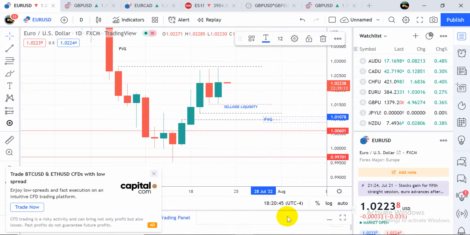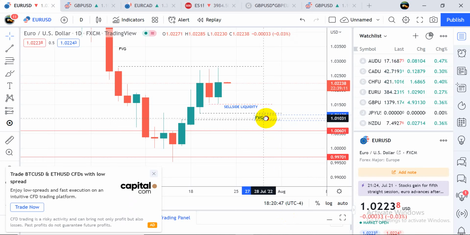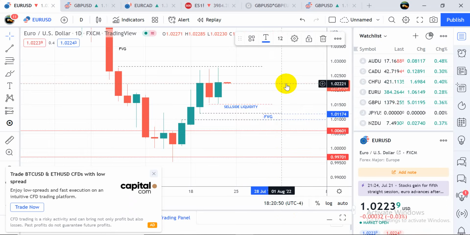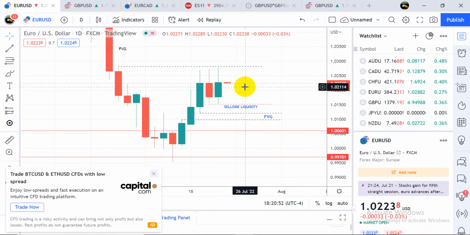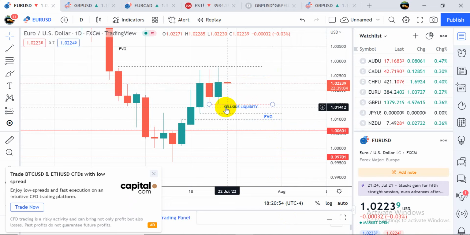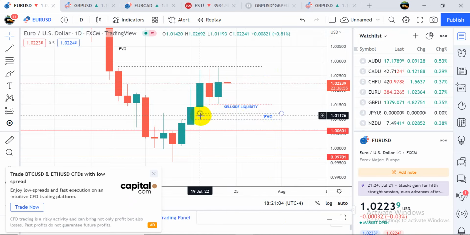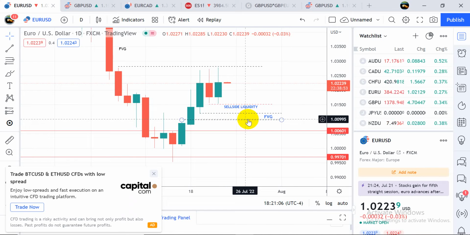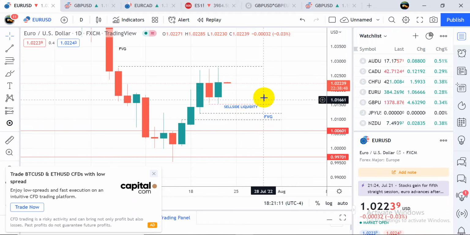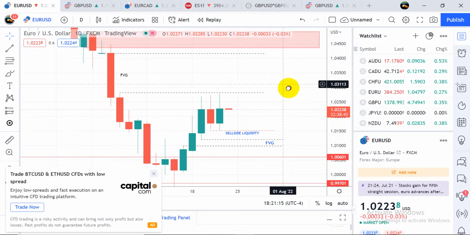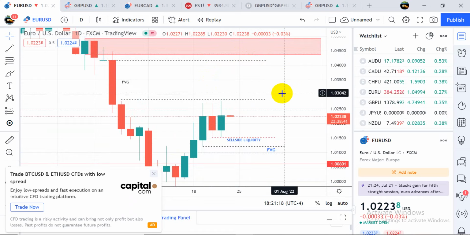Might be a small FVG, but regardless, it is still an FVG, still a fair value gap. Okay, so price will potentially go below this relative equal lows, and I expect it to do that, of course, and potentially go below this low here, and give us the low risk counter trend buy up to this fair value gap right here, and potentially to this other block here.